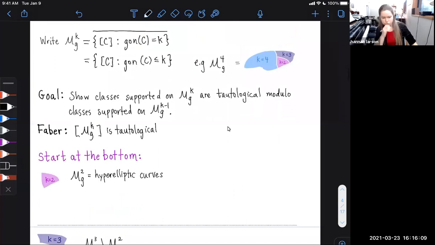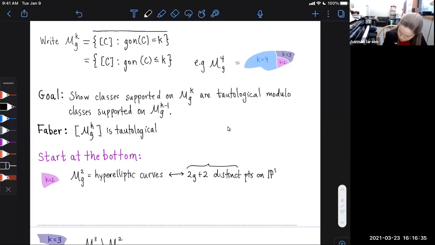So k equals 2, these are the hyperelliptic curves. And this stratum is the same as the space of 2g plus 2 distinct points on P1, because the hyperelliptic map is unique, and you should think of these 2g plus 2 points as corresponding to the branch locus of that degree 2 cover.